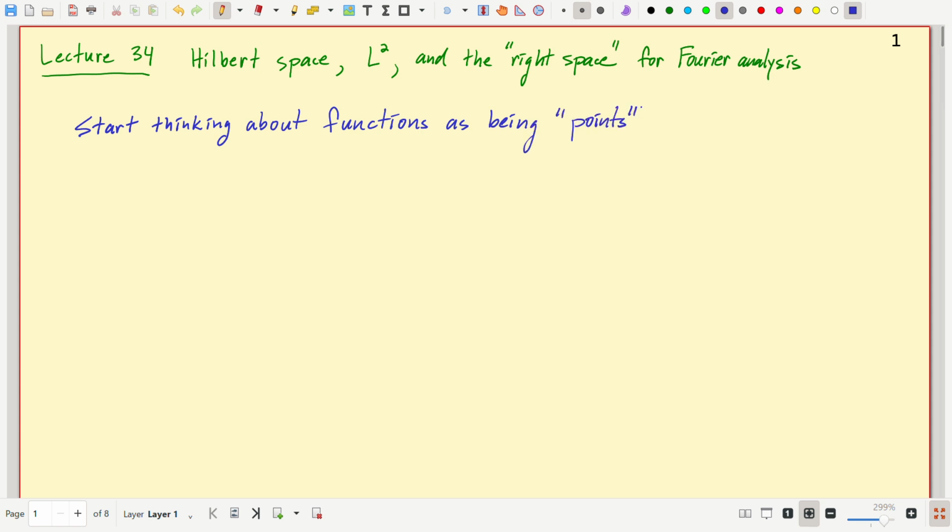And every now and then I let slip language that points in that direction. So, points in a space.